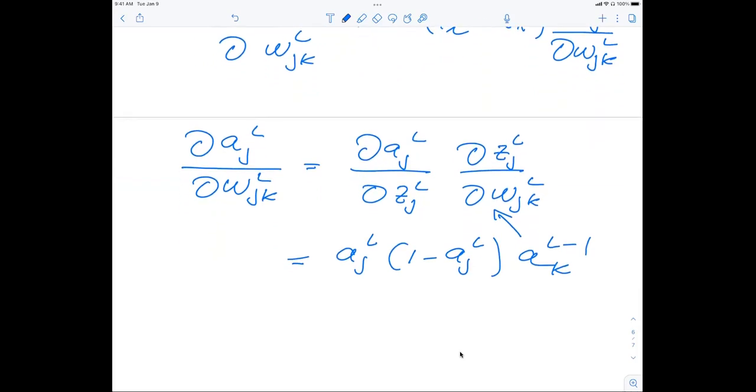Now if you want to be a little bit more formal or more general, you would write this as the derivative of the activation function with respect to Cj of L. So if you change from the sigmoid function, the only thing you need to plug in is the derivative of the activation function.